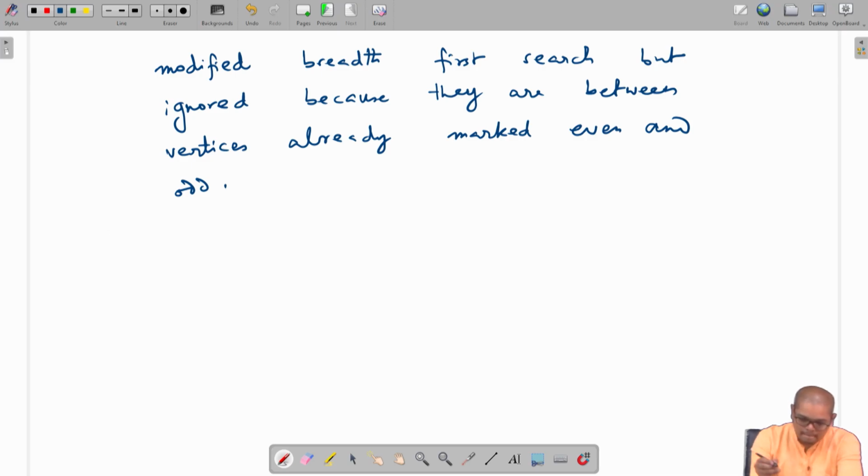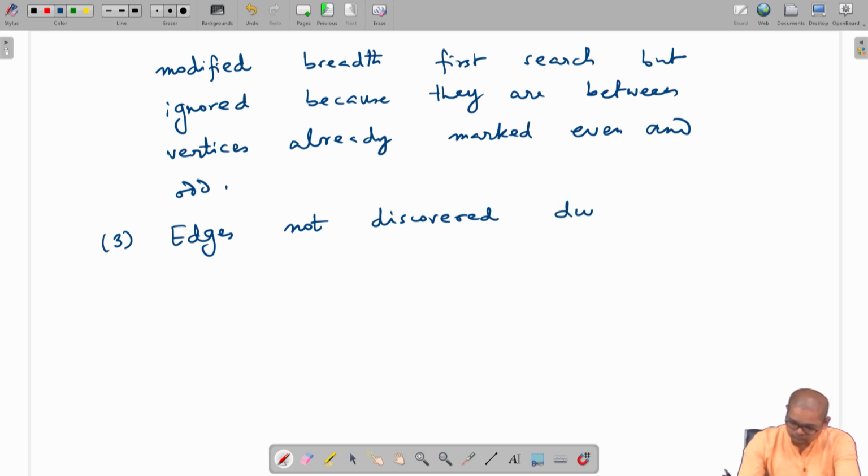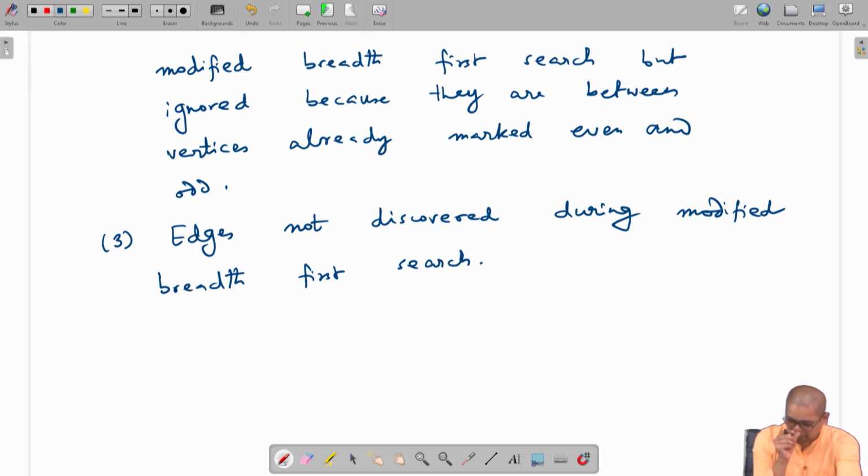And the third type of edges are edges not discovered during modified breadth first search. Okay. So, how come those edges be there?